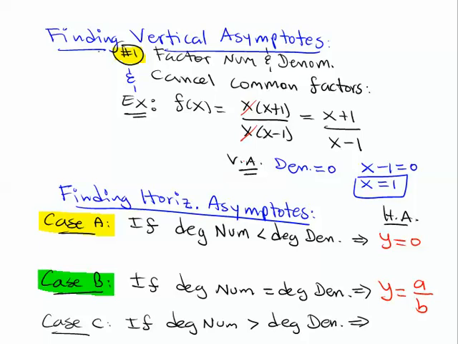So this a is the number multiplying the x with the highest power in the top, and this b is the number multiplying the x with the highest power in the denominator. And then if the numerator has a bigger power than the denominator, then there's no horizontal asymptote. Okay, so let's go back and do this rational function.